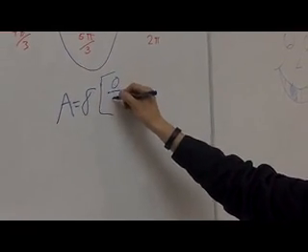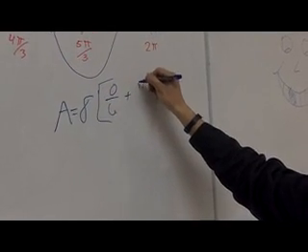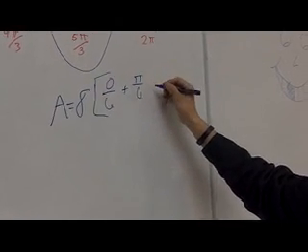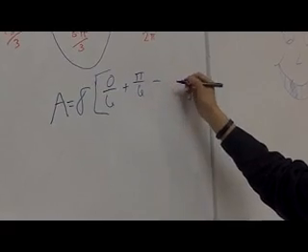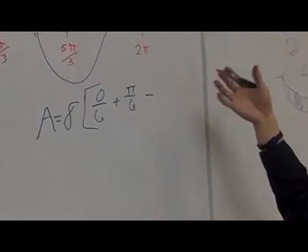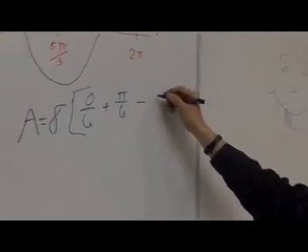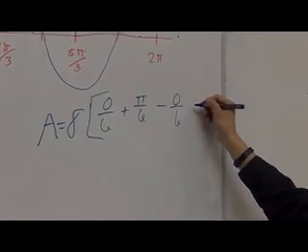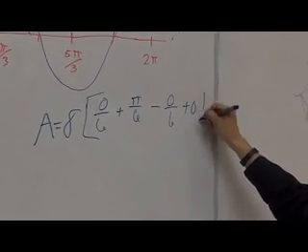So it's going to be 0 divided by 6 plus pi over 6, minus, and then 6 times 0 is 0, so sine of 0 is 0 over 6 plus 0.